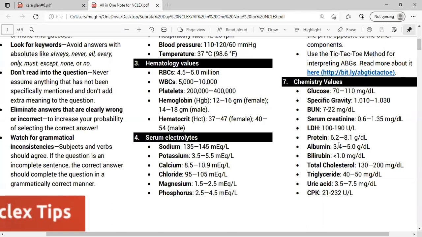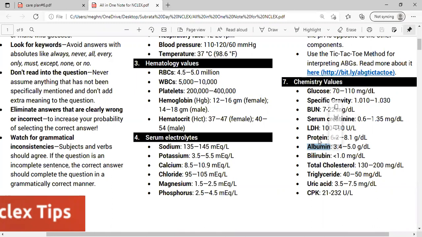Albumin is 3.4 to 5.0 grams per dl. Albumin is one type of protein. Protein is a chain of amino acids, and albumin is the smallest molecule of protein. If anybody has proteinuria, meaning protein present in urine, maybe the problem is in the kidney, right?